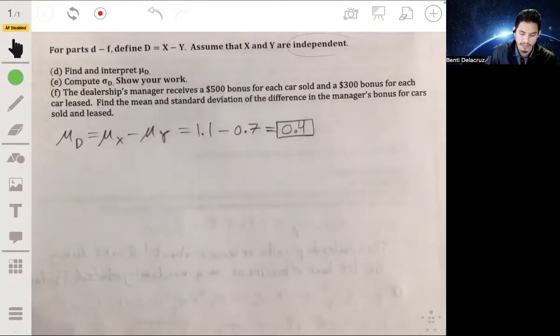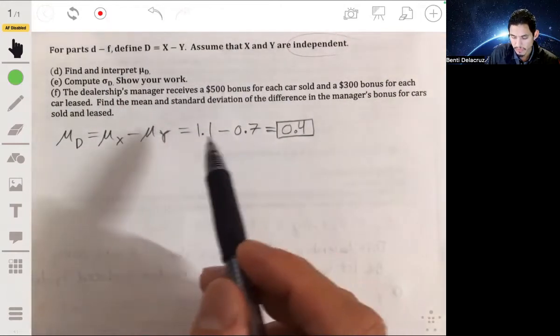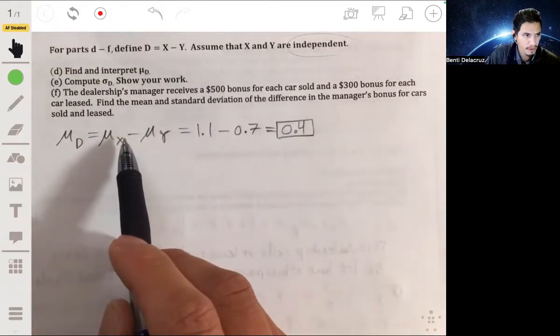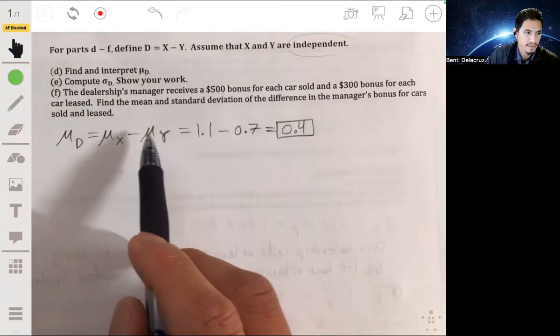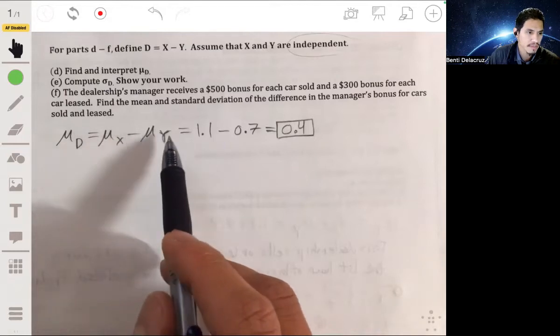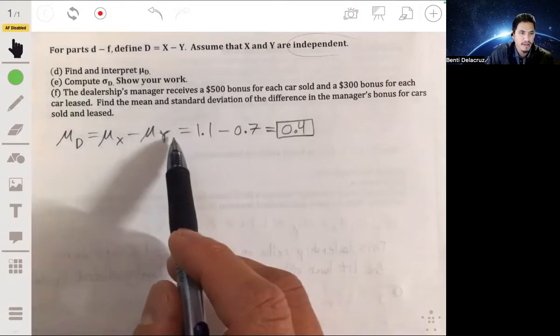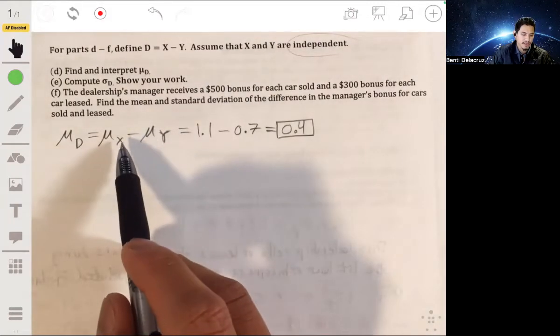Now think about what that means. This will depend on what value is being subtracted from what value. Since we're subtracting the Y from the X, we're subtracting the number of leases from the number of cars sold.